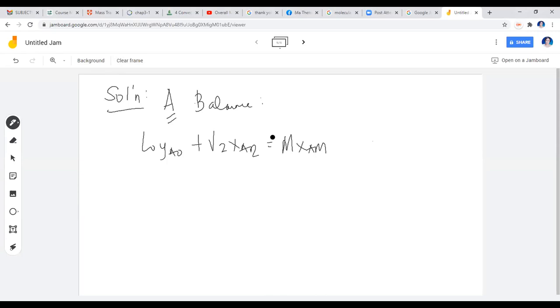So notice, class, that BG used Y instead of X for the L and X instead of Y for the V. And now there is this occurrence of the MXAM. Now, if you're going to use this, BG, this is correct, how many unknowns do you have in this case?